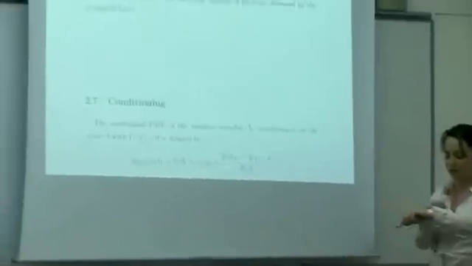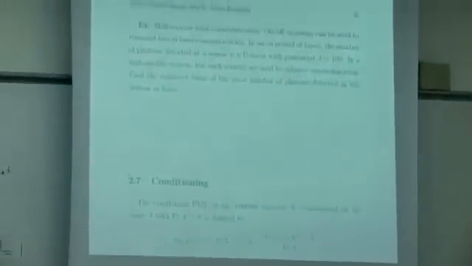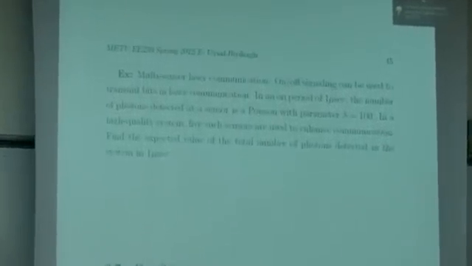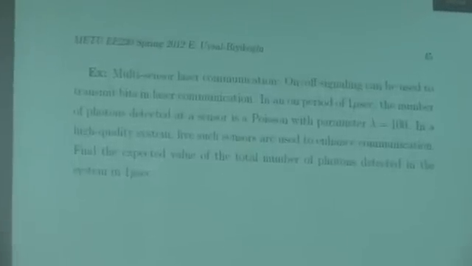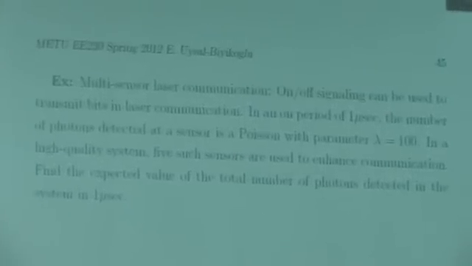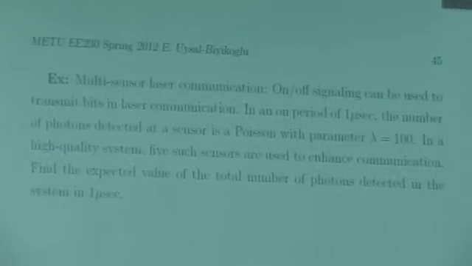Here's another more technical example. The wording of the example is a lot of words. The idea is very simple, but the wording also carries meaning because later on we will look at Poisson distributions, and this is an example of a Poisson process essentially.